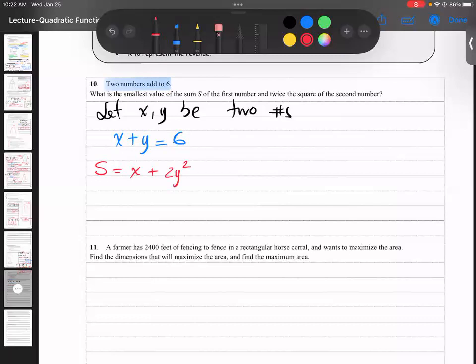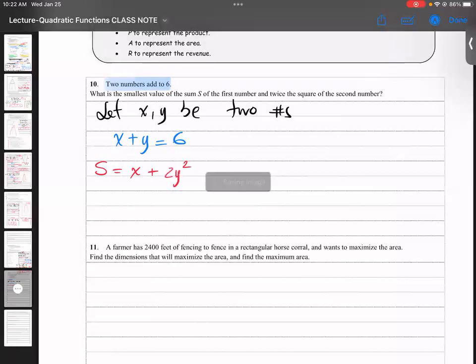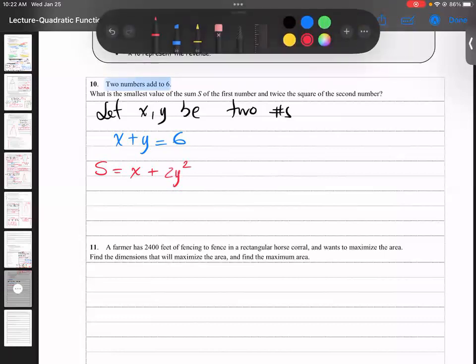How do I know which one is the constraint? For me, I would write out the two equations first, and the one that has the larger degree will be your function of interest. And the linear one will be your constraint.